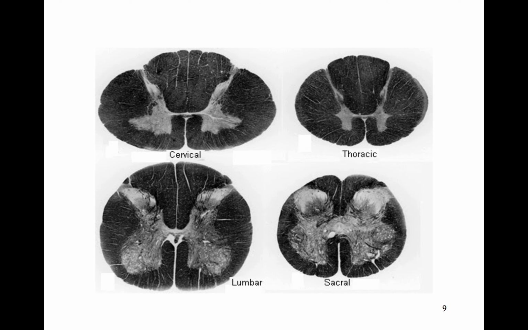So in other words, the ventral horns tend to be the largest in areas of the spinal cord where you have limbs being innervated. So the ventral horns tend to be the largest, for example, in the lumbar region of the spinal cord, because it's innervating your lower limbs. Additionally, we notice that the ventral horns are relatively large in our cervical region of the spinal cord. Again, that's because we're going to be innervating our upper limbs, so our arms.